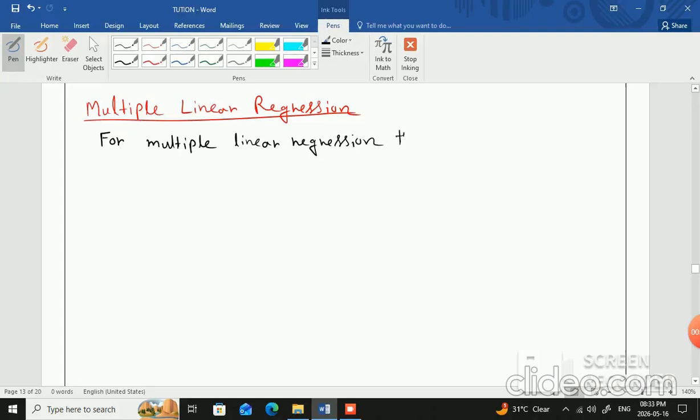For multiple linear regression, there is one dependent variable and more than one independent variable.